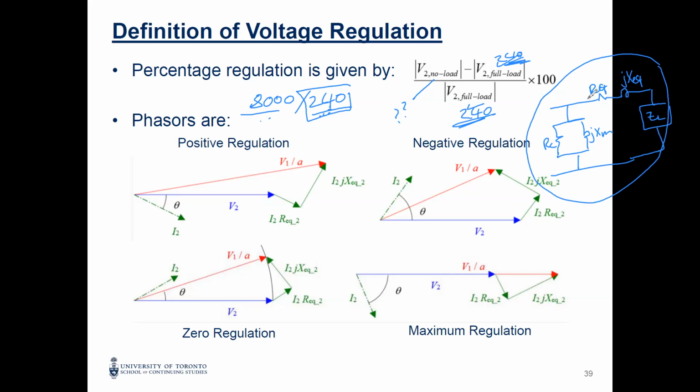They will say, for example, the current is at full load and you are given the S. So you divide your S by the voltage, you can get the current, and they will give you the power factor so you can get the angle for the current. After you have the current, you multiply it by this reactance, or this impedance, and then you get this voltage. This voltage actually is the no load voltage.